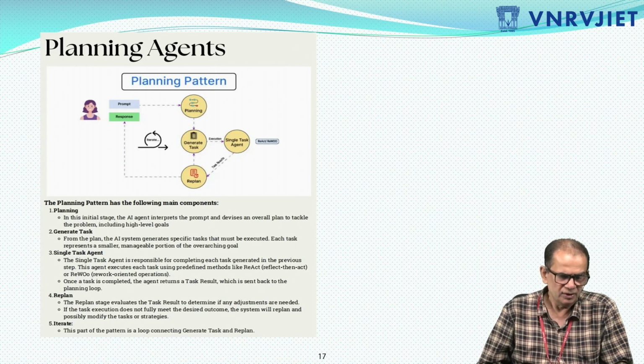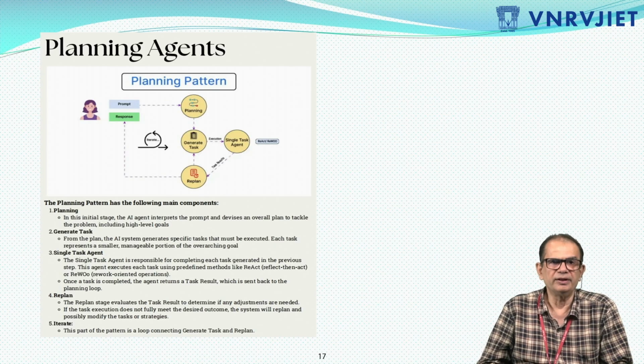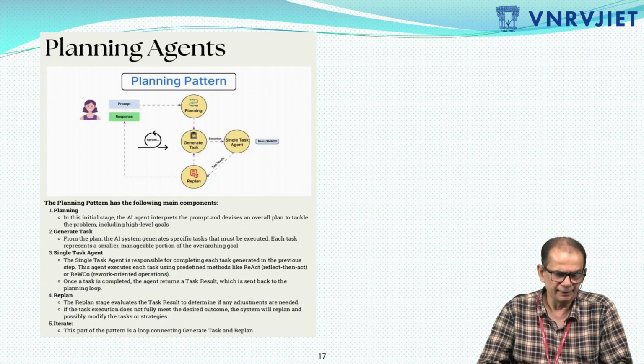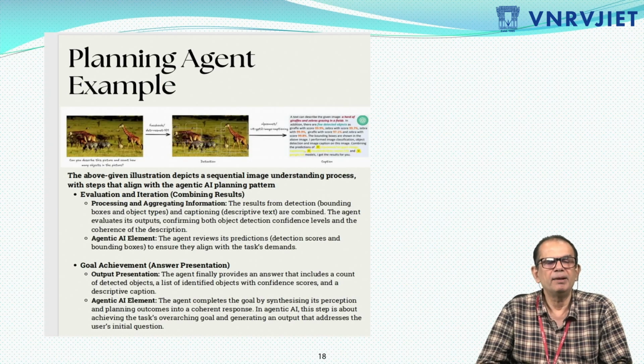The task is generated for the different steps, and then a single task is executed. After the execution, we may find that the executed task is not as per what we expected. In that case, we replan and then execute the task. So some iterations are possible in the planning agents. That is what happens in the agentic AI planning agent.